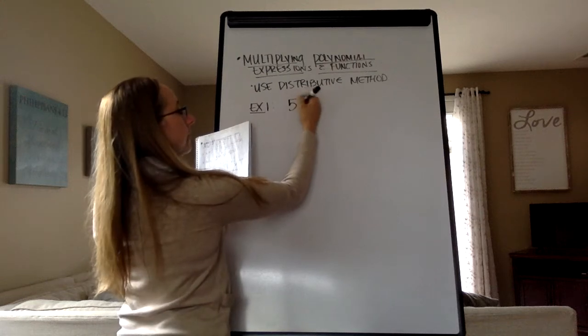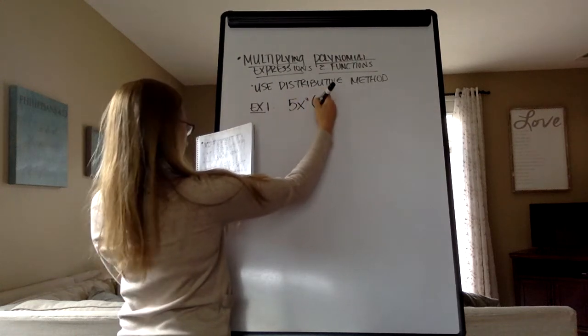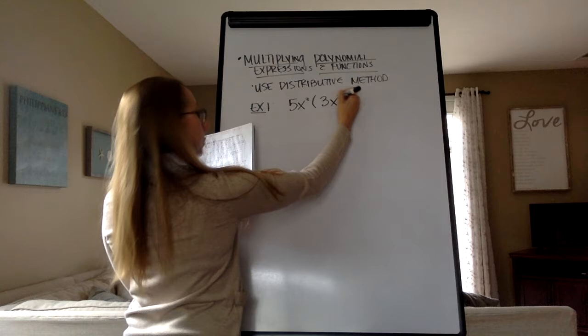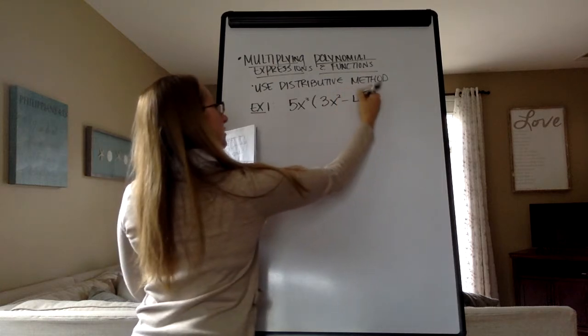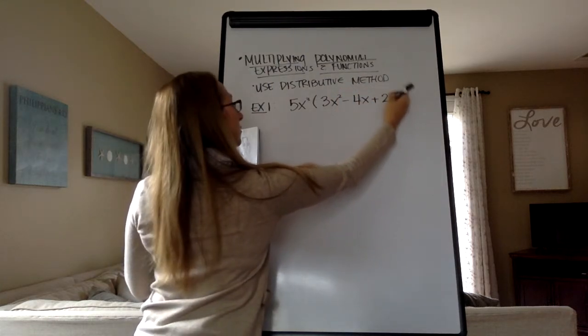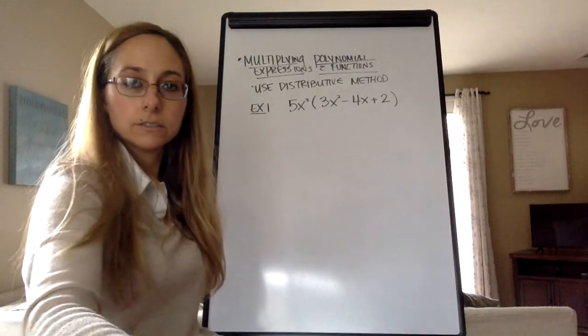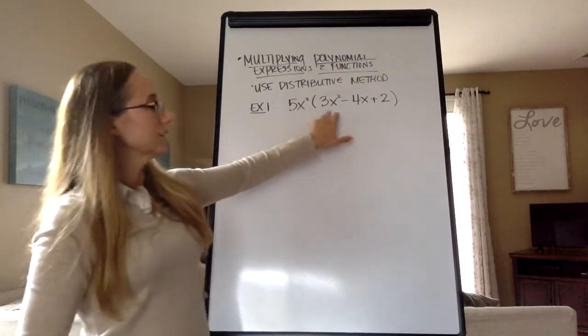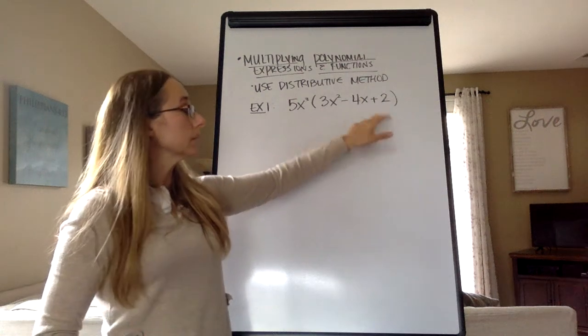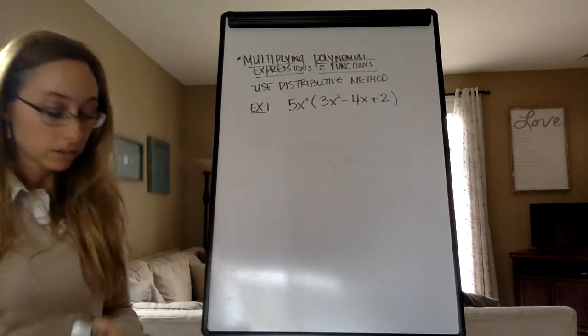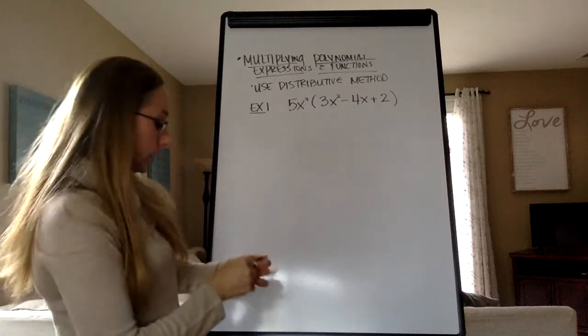So we have 5x to the third times 3x squared minus 4x plus 2. So again, we're going to use the distributive method. So how do we do that?